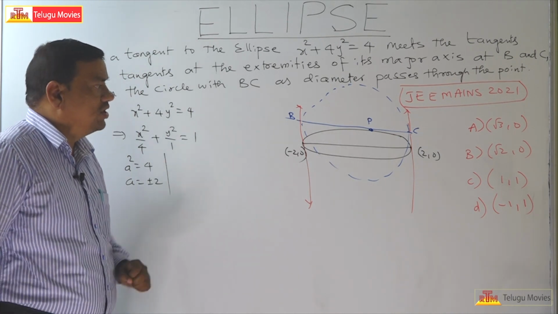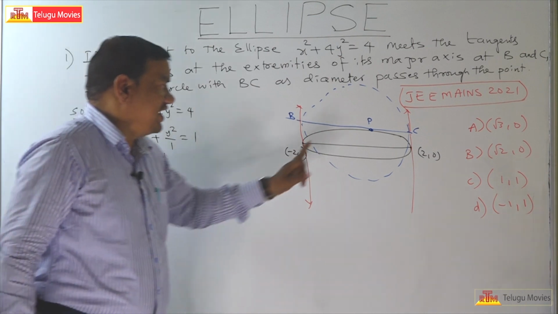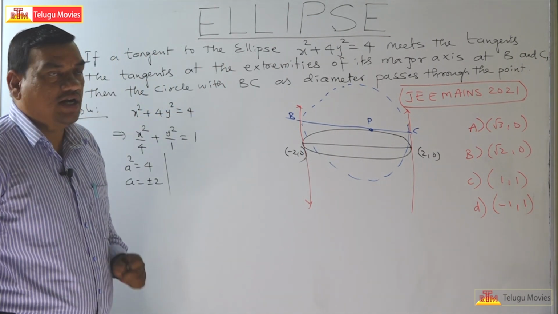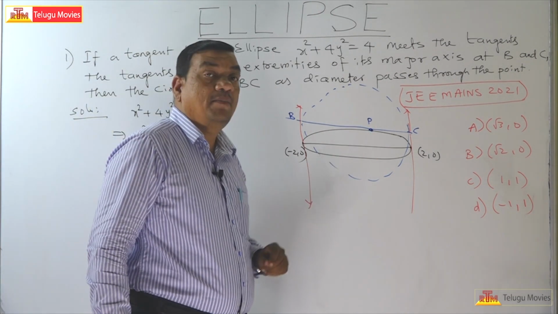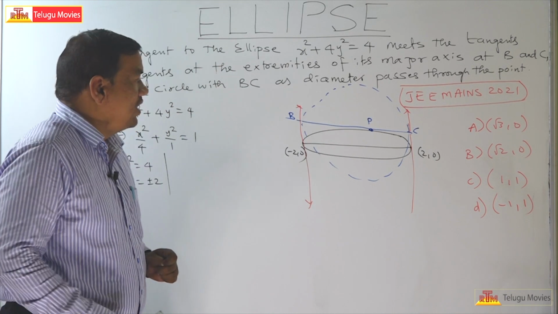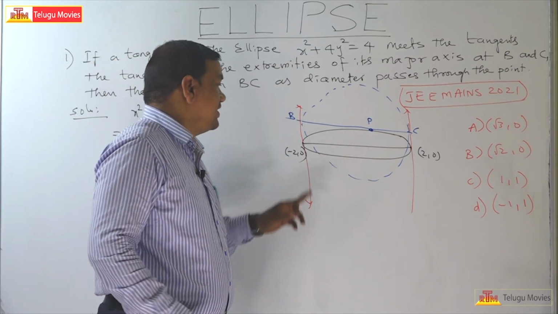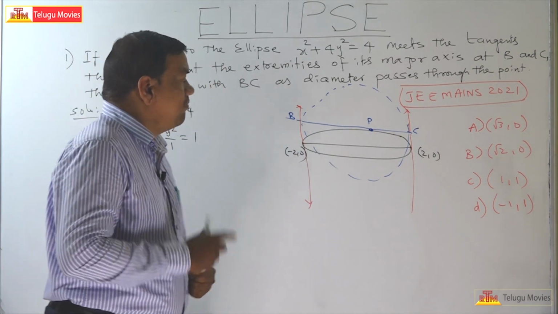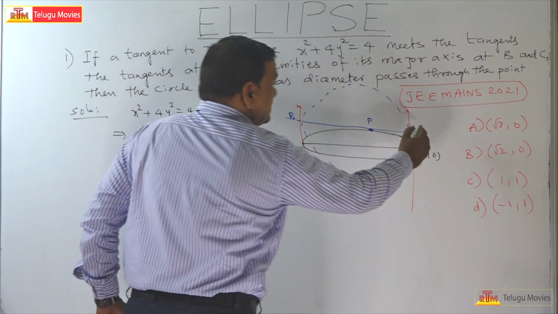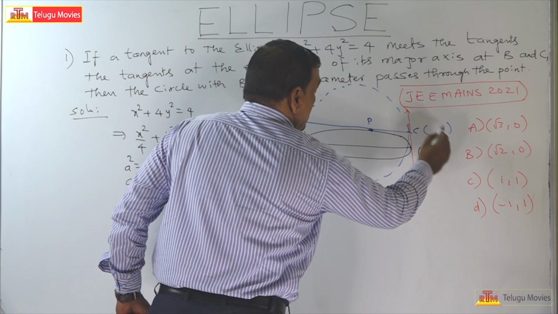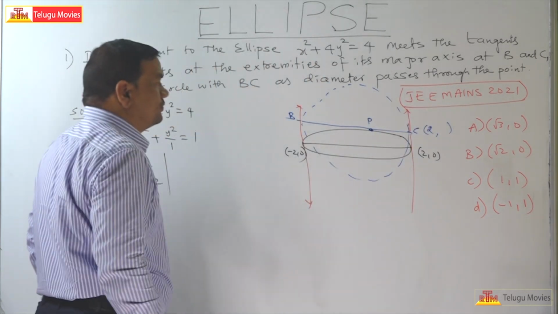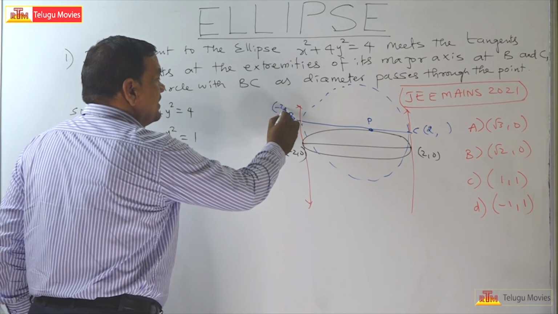Then how to proceed? He is saying that P is any point on the ellipse. So we will take the point P in parametric form, find the equation of the tangent and the intersecting points B and C. But one thing is very clear: since they are parallel to the y-axis, the x coordinate here is 2 and here the x coordinate is −2.